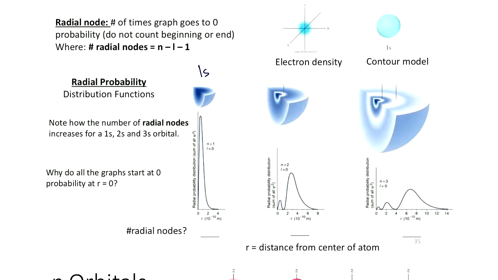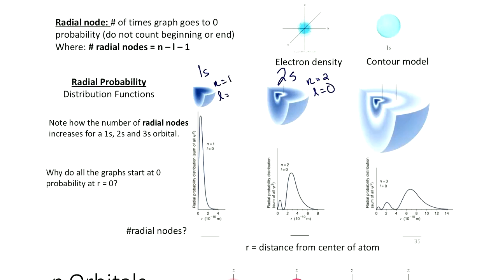If we upgrade to a 2s orbital, we see that the radial probability function changes a little bit. The solution to the Schrodinger equation is a little bit different because the quantum numbers are different. In a 2s orbital, n equals 2, L equals 0. In a 1s orbital, n equals 1, L equals, oh no, it doesn't equal 1.